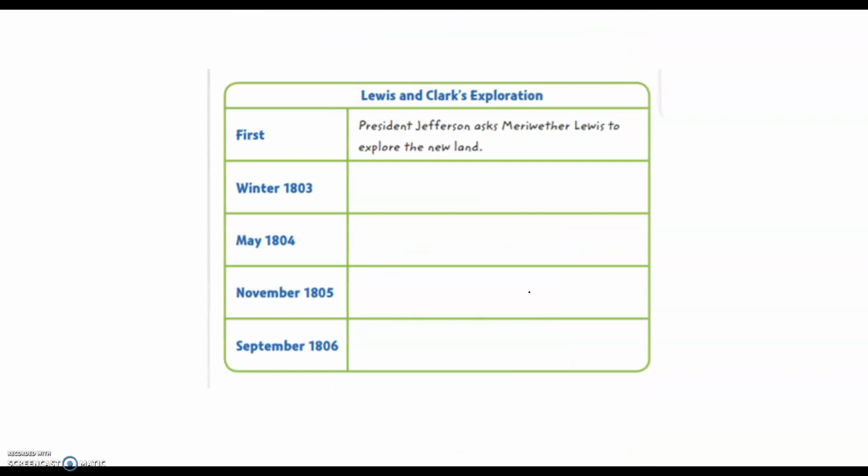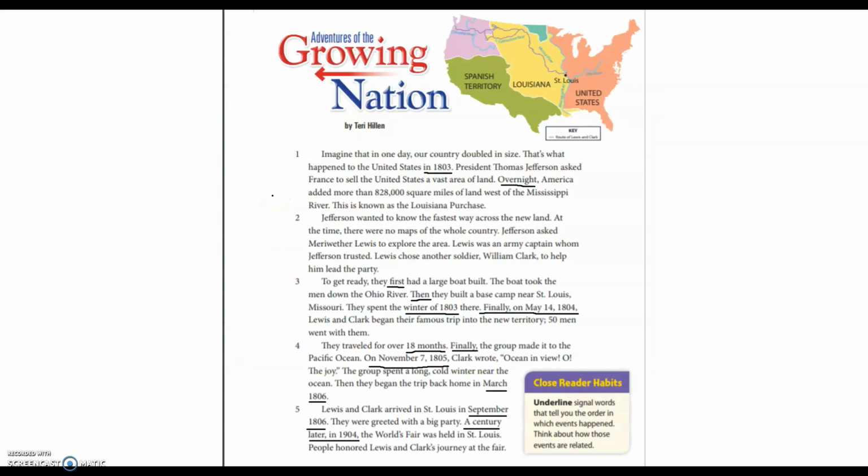Now let's identify some of the most important details. We know that first, President Jefferson asked Meriwether Lewis to explore the new land. Let's find what happened in winter 1803. I found the key detail that they spent the winter of 1803 in their camp in St. Louis.